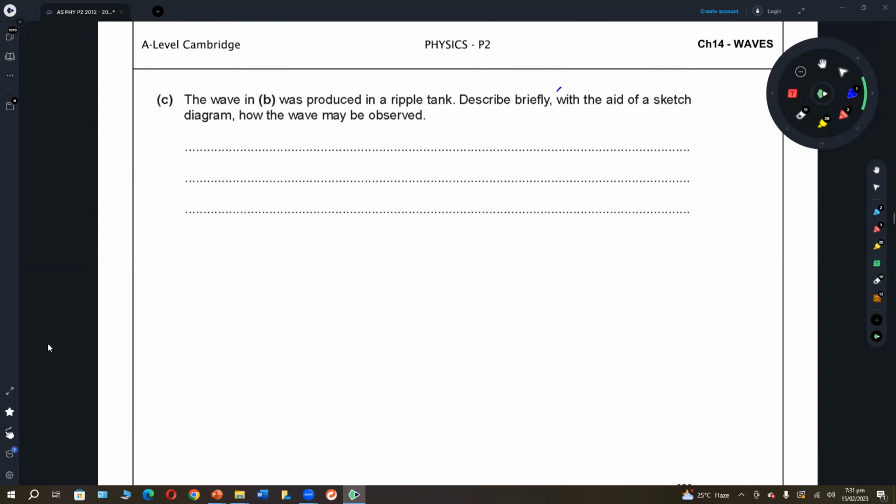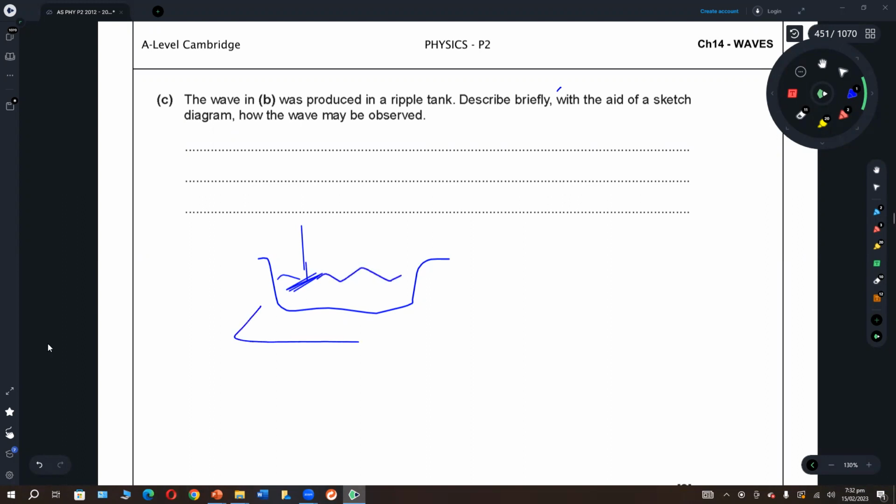The wave in B was produced in a ripple tank. Describe briefly with the aid of a sketch diagram how the wave may be observed. Do you remember the ripple tank? It's a tray of water. There is a dipper in it, and we move the dipper to produce waves.